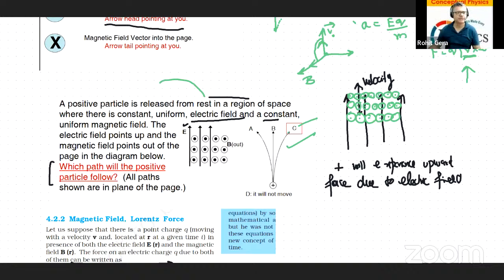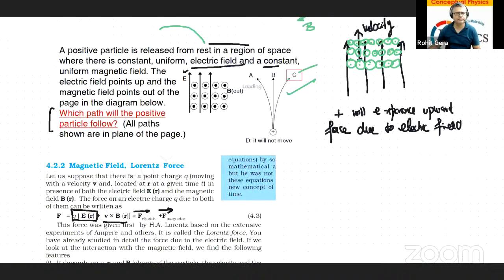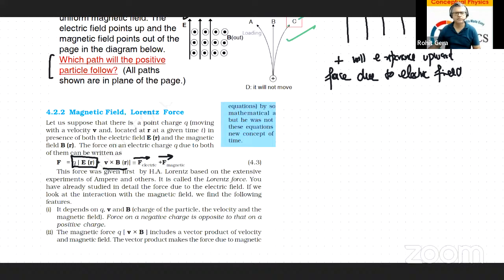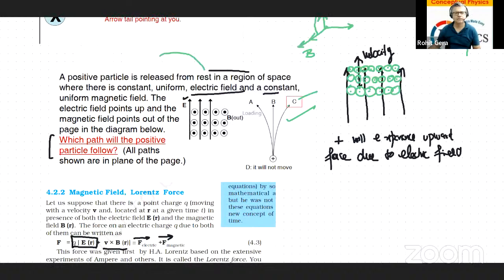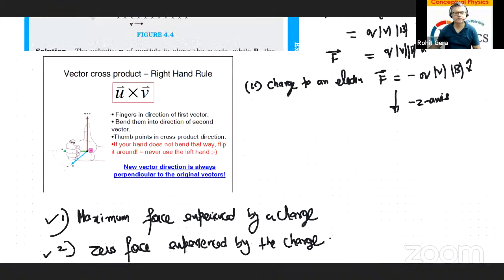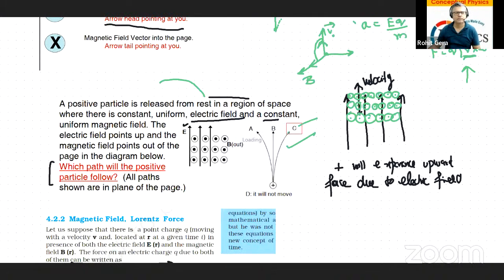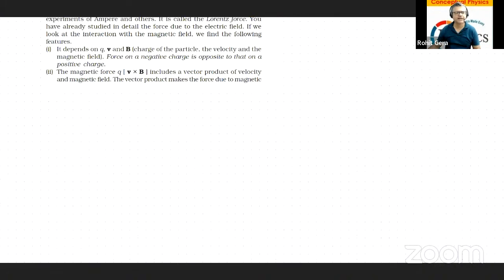So let me just bring in. I'm just adding the NCERT file to the board.